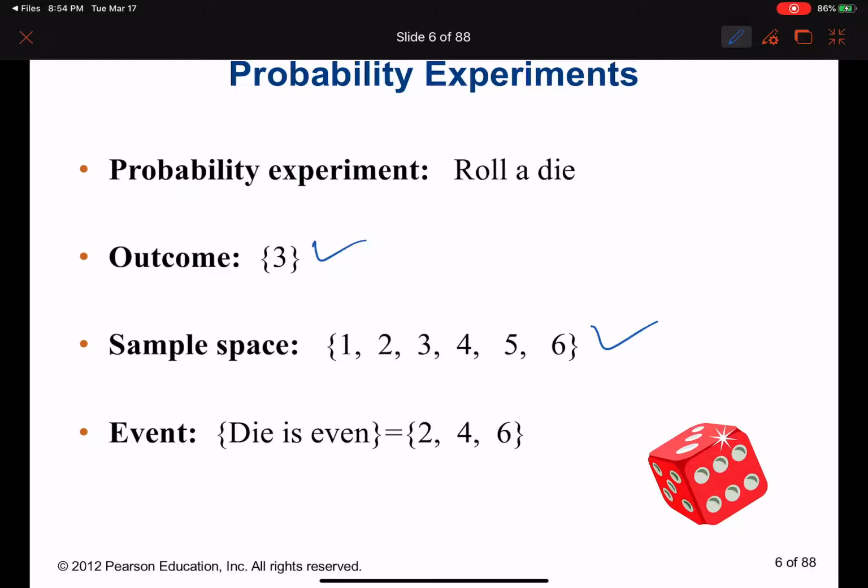Event, remember we said an event is more than one outcome. So when we ask what's the probability that the die will land with an even number up, that is going to be 2, 4, and 6, right?